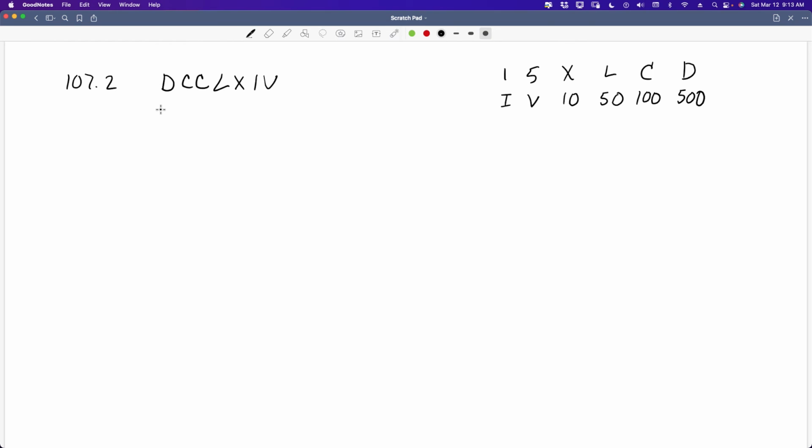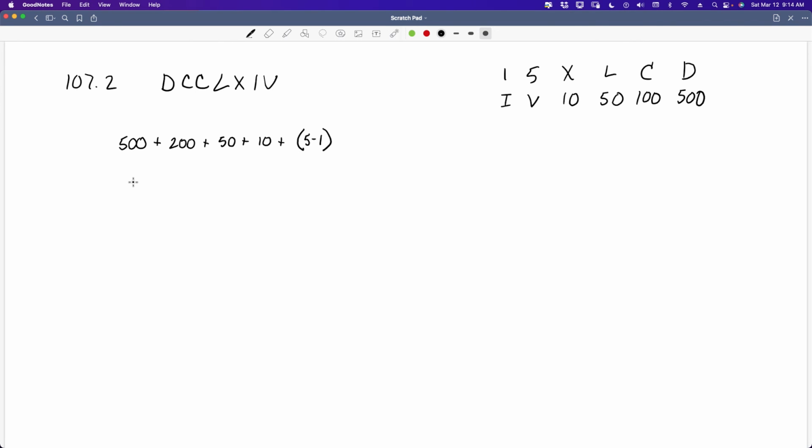So we have D, so that's 500 plus, we have 2 100s, so that's 200, plus we have 50, plus 10, plus, now we have a smaller number in front of a larger number, so that's going to be the larger number minus the smaller number.